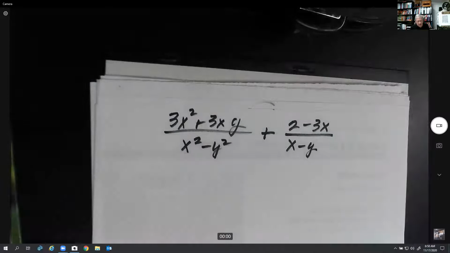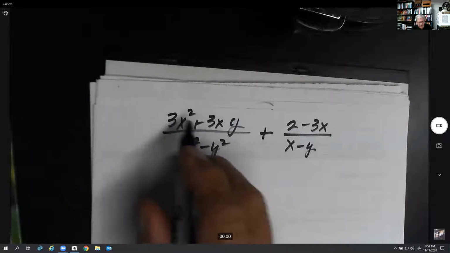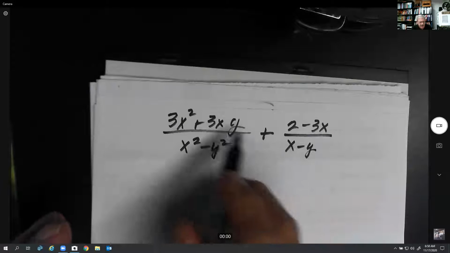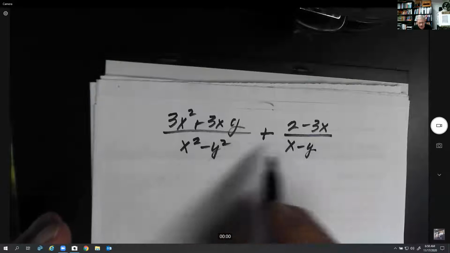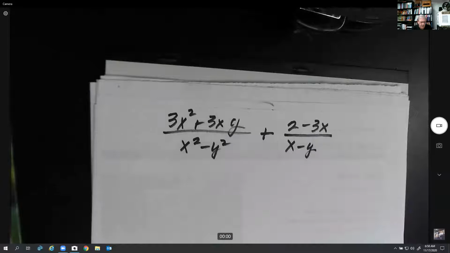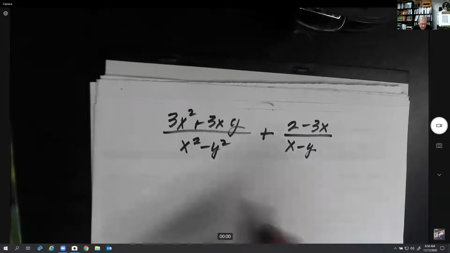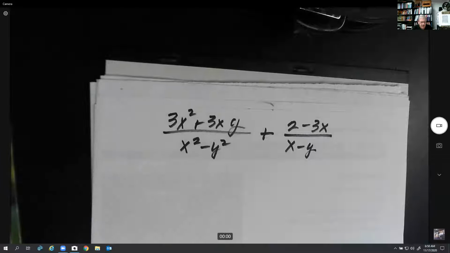So this one, obviously not so easy to crisscross applesauce. You could, but the problem is you're going to end up with a huge denominator. So on this type of problem, it doesn't lend itself very easily. This problem is a lot easier, but this one is much tougher.